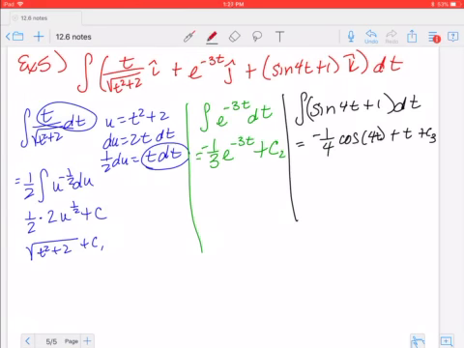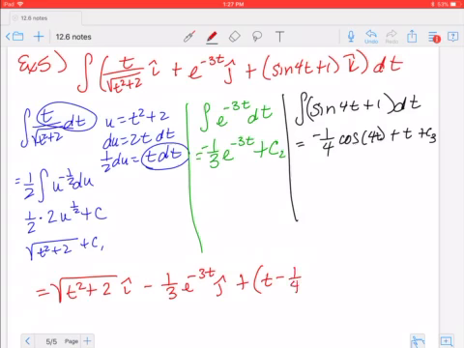So when we take this integral, we have every single one of these pieces that we put together. So my antiderivative of this whole thing is going to be the square root of t squared plus 2 i, minus 1/3 e to the negative 3t j, plus t minus 1/4 cosine of 4t k.